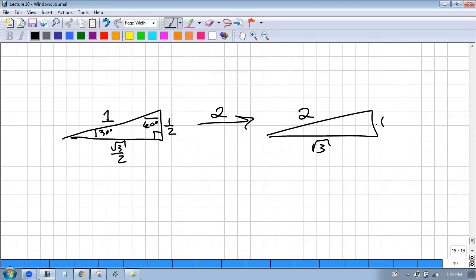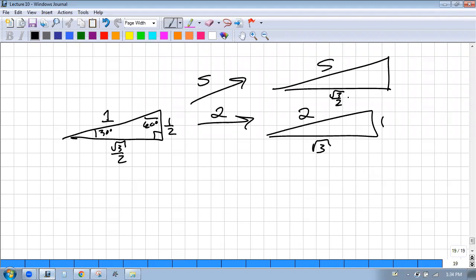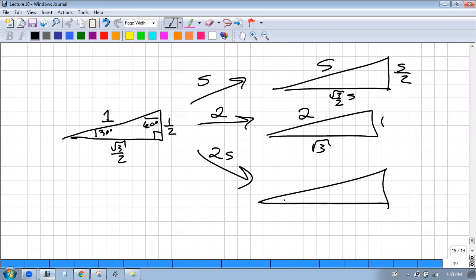Or I could multiply all 3 sides by s: 1 times s is s, this would be root 3 over 2 s, and this would be s over 2. Or if I multiplied everything by 2s, this becomes 2s, this becomes root 3 s, and this becomes just s.